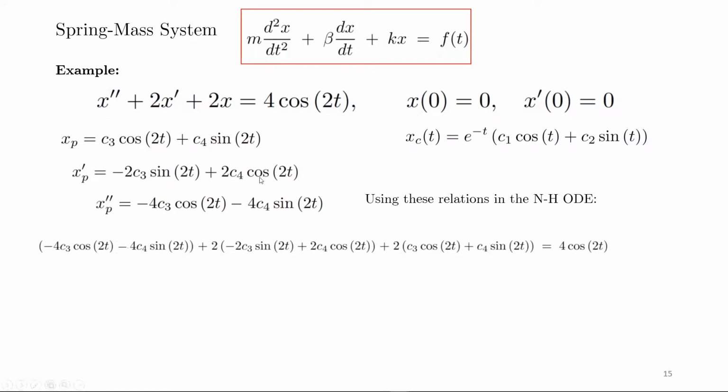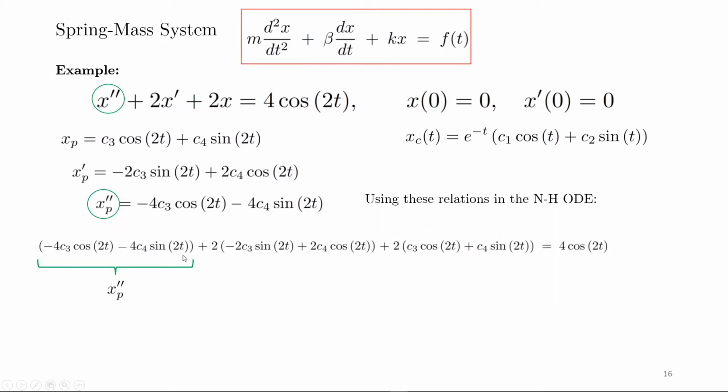Let's take this term by term. The first part is the second derivative of the particular solution; in the original ODE we had x double prime, and we've written it here.